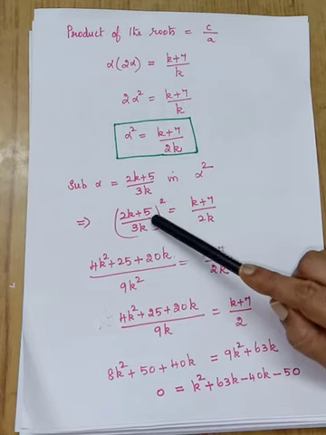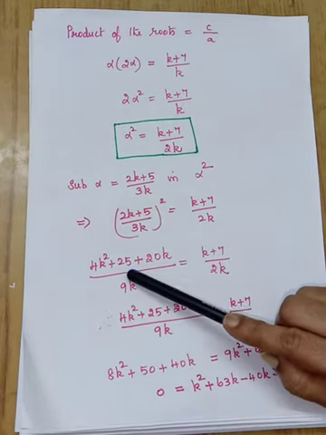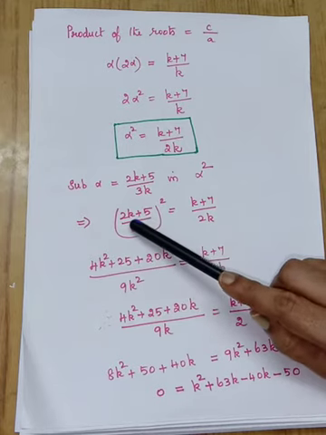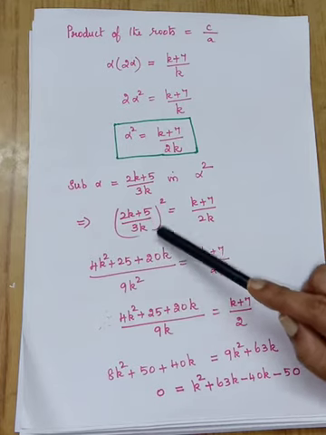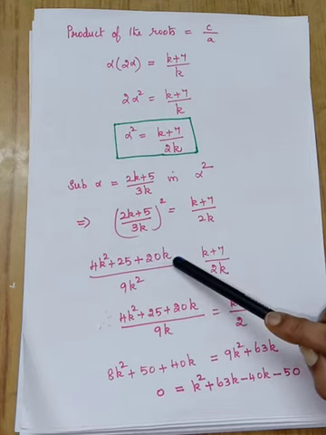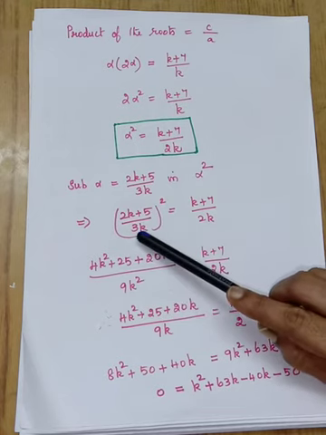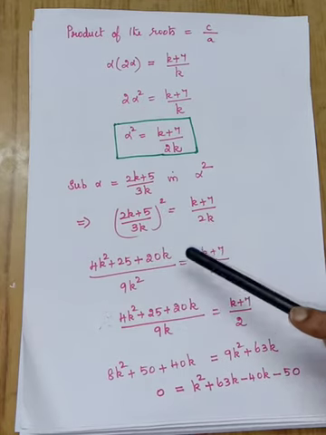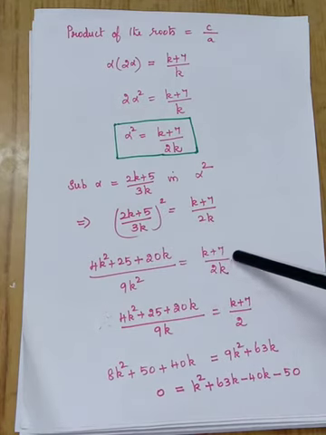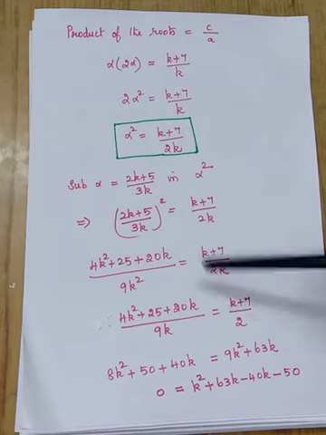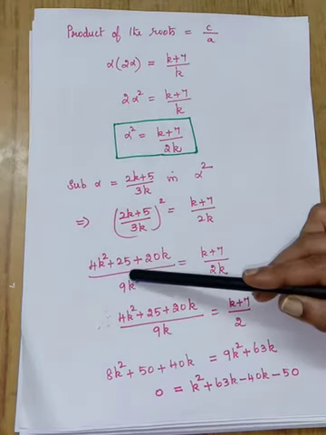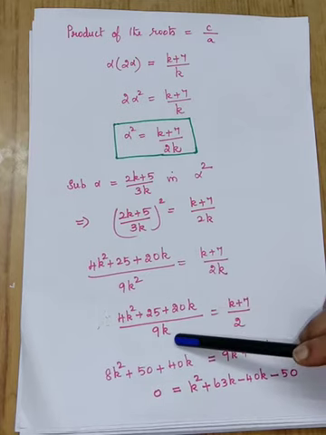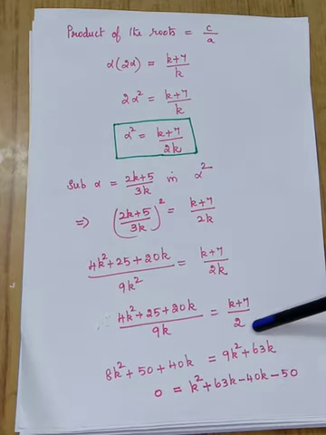What is b? It is 5, so 5² is 25, plus 2ab, 2 into 2k into 5, so it will become 20k, divided by 3² is 9, k² is k². That is equal to (k + 7)/2k. This k and the k in the left-hand side denominator get cancelled. So you will have 9k, and here you will have 2.